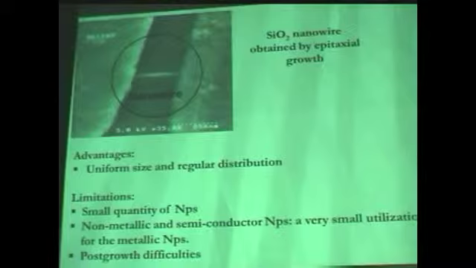But these methods have numerous limitations, numerous inconveniences, which are the small quantity of nanoparticles that may be obtained by this method, because we usually use an electron beam in order to cut the surface of the objects.